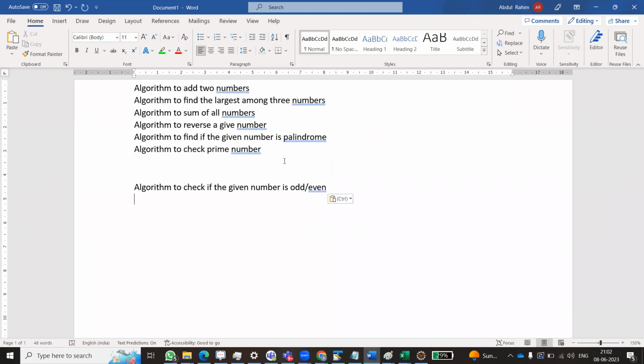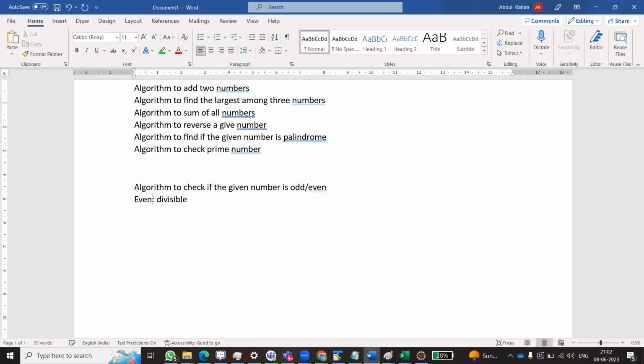So can anyone tell me how do we usually identify whether a given number is odd or even? If it is divisible by 2, then it is even, else odd. Like when we divide it by 2, it should be equal to 0.